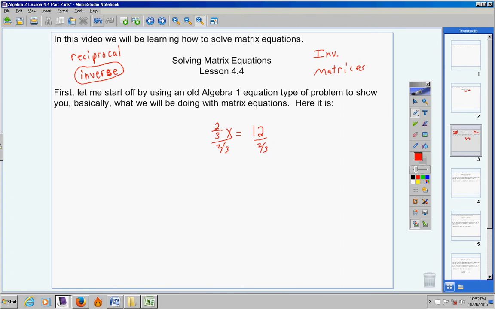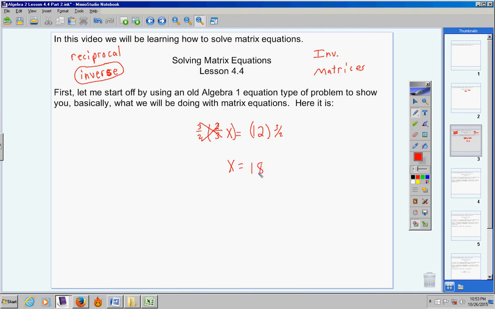Okay, that's fine. But I could also use the inverse or reciprocal method, flip this, which is 3/2, and multiply both sides by 3/2. Well, 3/2 times 2/3 would cancel out, leaving you with x. 12 times 3/2 would be 18.